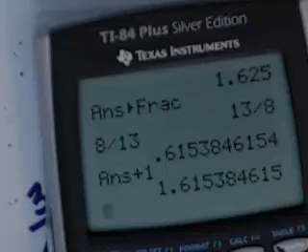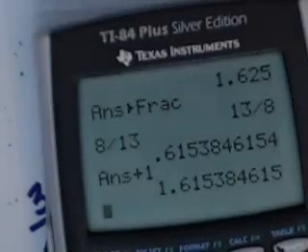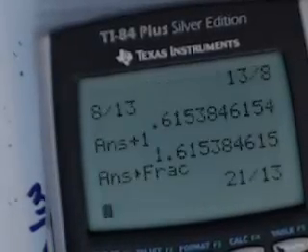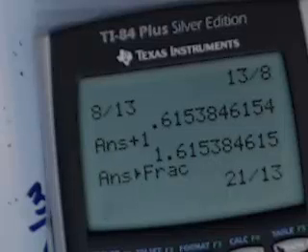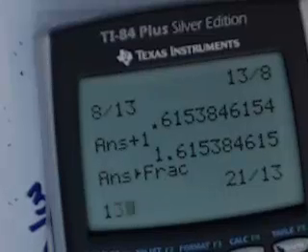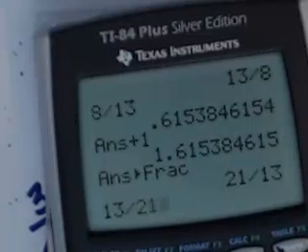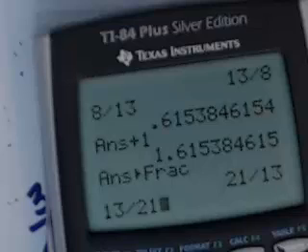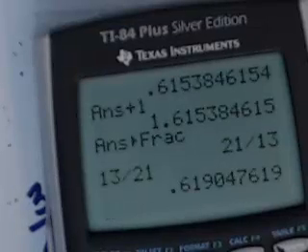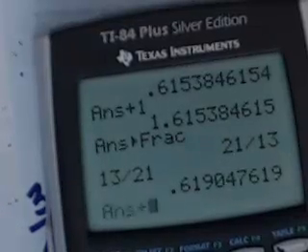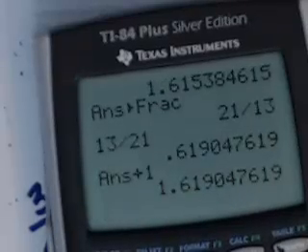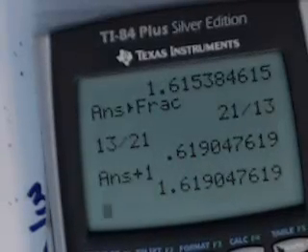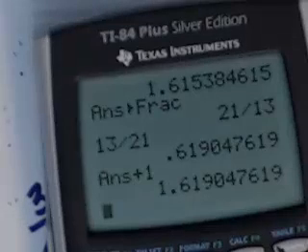I'm going to change that to a fraction, write the reciprocal, and add 1. So you can see that the more times that I do that, the more I am approaching the golden ratio.